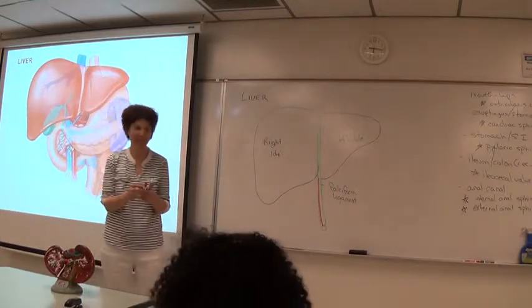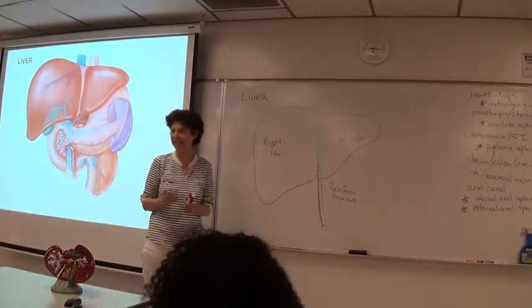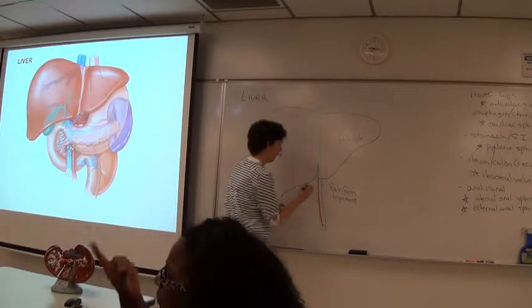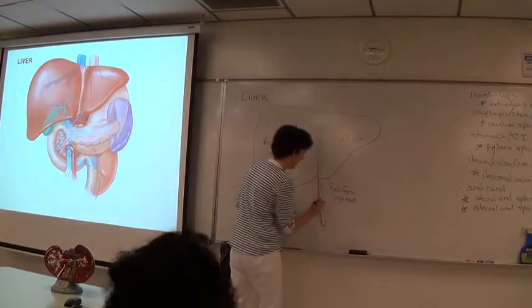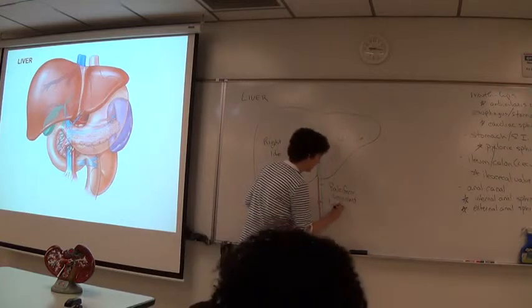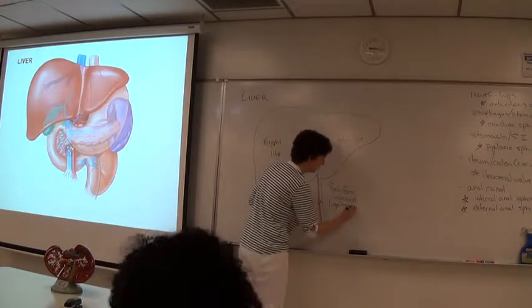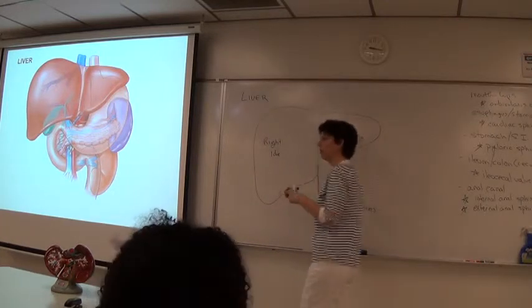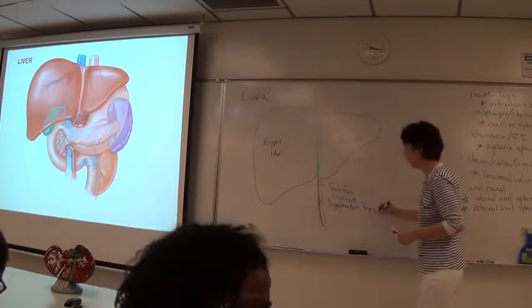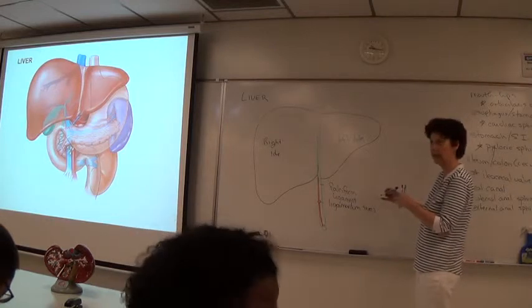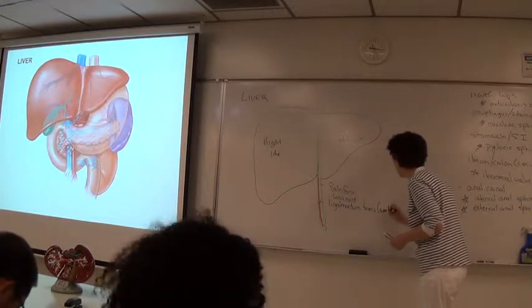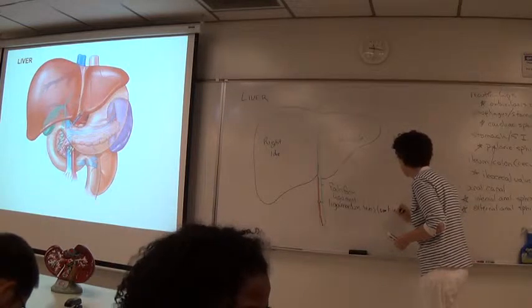Ligamentum teres. Yeah, it wasn't close. Now, although it means round ligament, typically you see it referred to as ligamentum teres instead of the round ligament like we see with the female reproductive system.